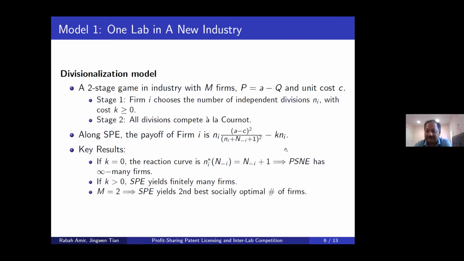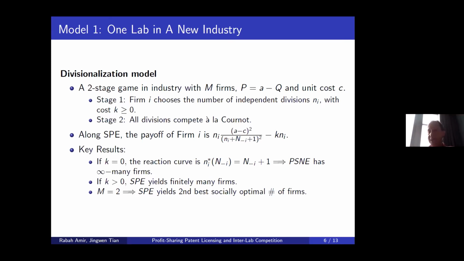Sorry. A quick clarification. When you say fixed fee, are you saying that it's a fee that you have to pay upfront, or a cost that one has to bear to get trained? There are two things. One is profit sharing. You pay a theta share of your profit. Let's say you pay 10% of your profit to the lab.